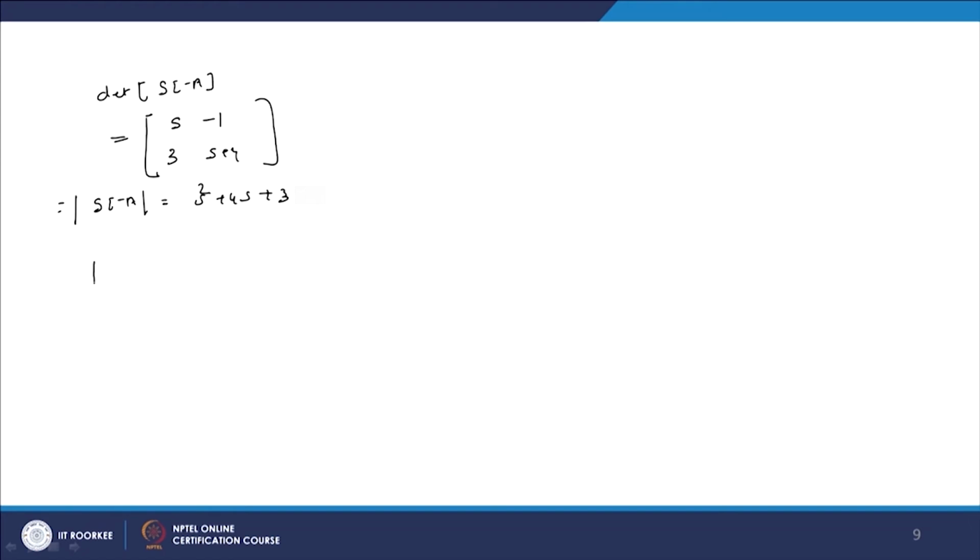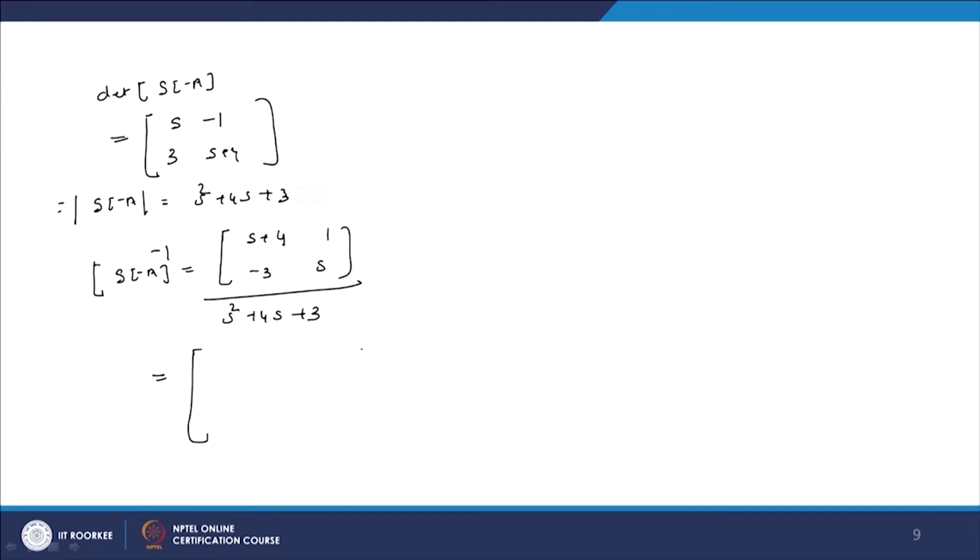Therefore, finally, (sI minus A) inverse we can write as [s plus 4, 1; -3, s] divided by s square plus 4s plus 3. Finally, this can be written as s plus 4 over s square plus 4s plus 3, 1 over s square plus 4s plus 3, minus 3 over s square plus 4s plus 3, and s over s square plus 4s plus 3.